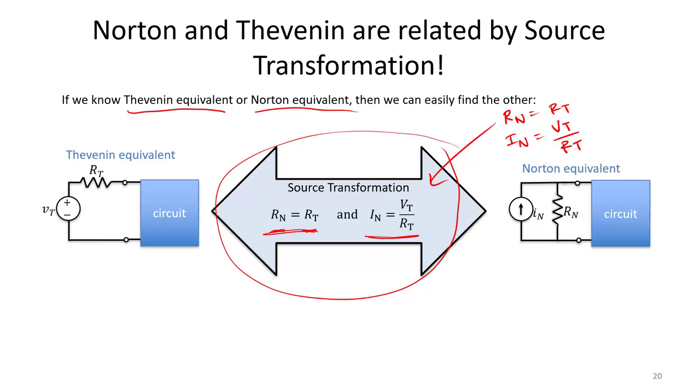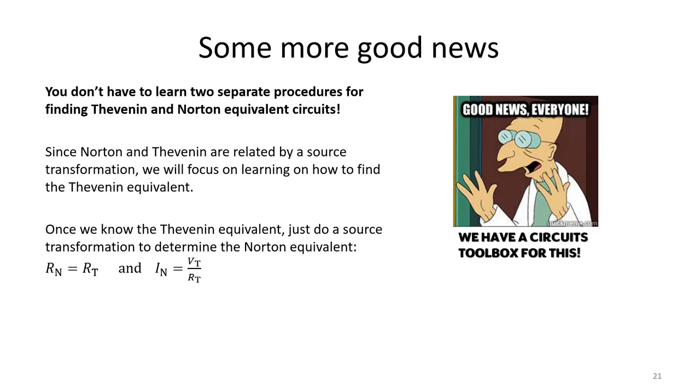It's actually very good news, because when we're learning our Thevenin equivalent and Norton equivalent circuits, we don't have to learn two separate procedures. So what I recommend is that instead of trying to memorize how to find Thevenin and how to find Norton, instead focus on learning how to find the Thevenin equivalent.